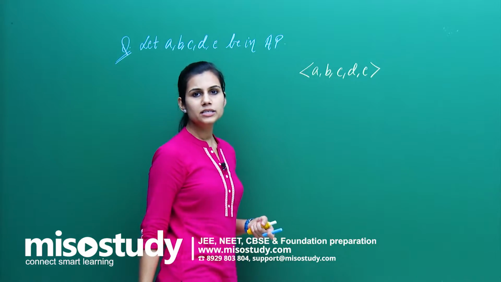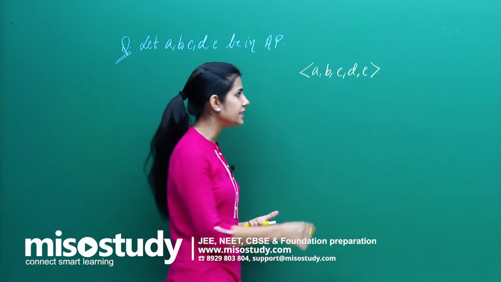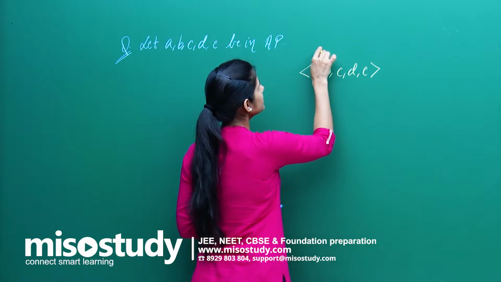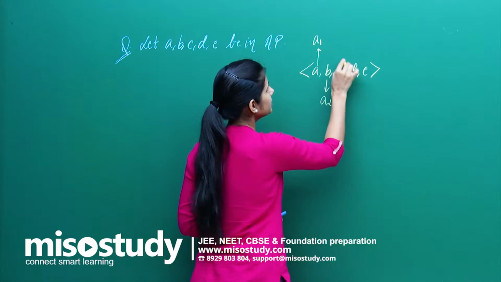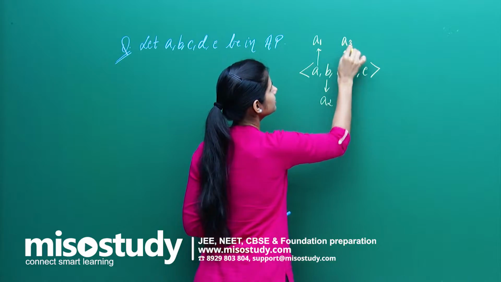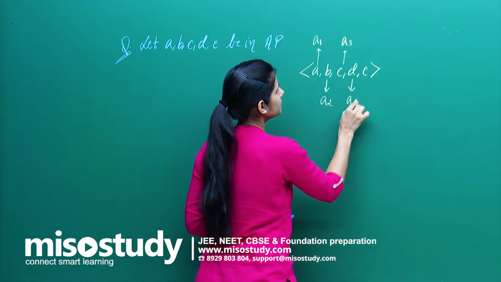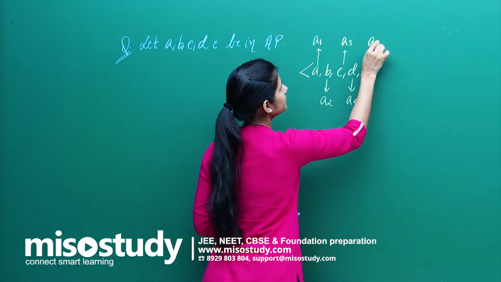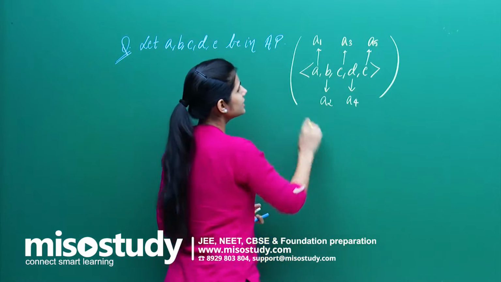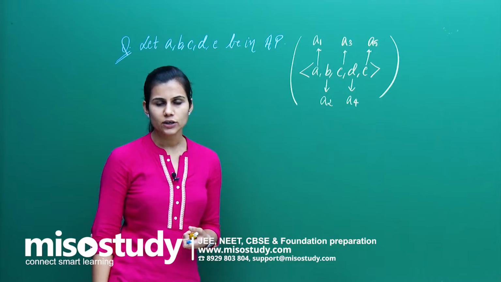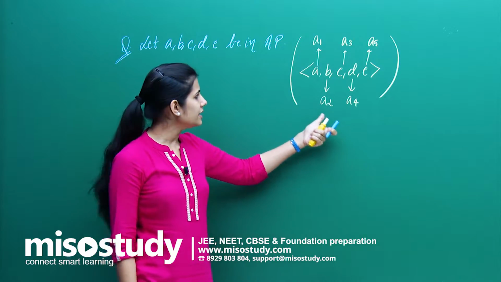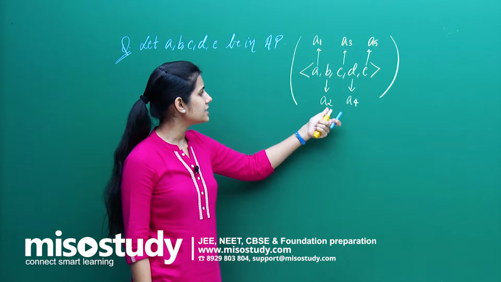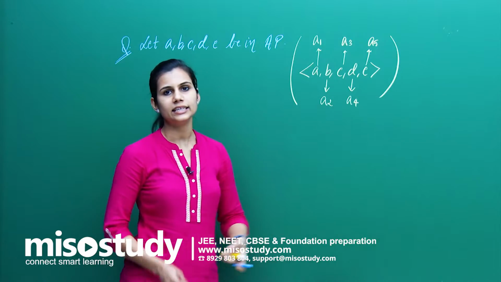These are 5 numbers denoted by A, B, C, D, E. This is my first term, this is my second term, this is my third term, this is my fourth term, and this is my fifth term. So it's not an infinite sequence, rather it's a finite sequence with 5 terms. With ordering defined, A is the first term, B is the second, C third, D fourth, and E fifth.